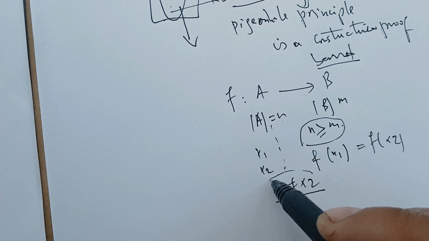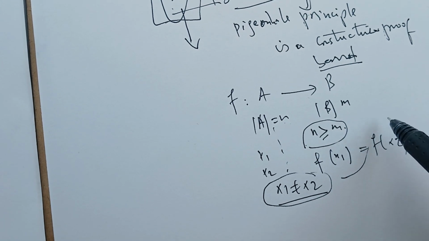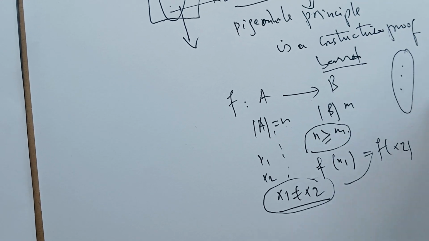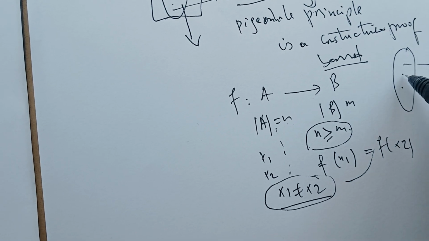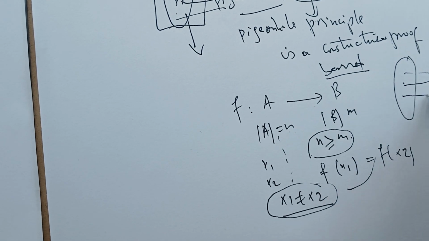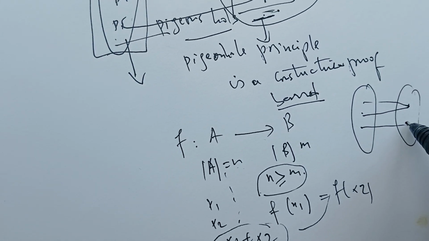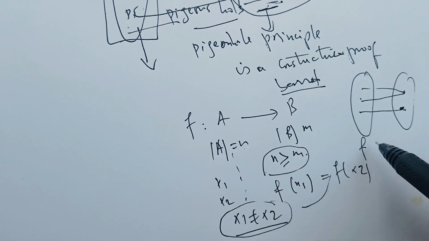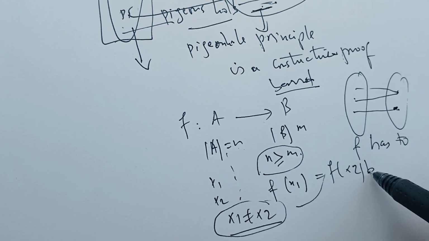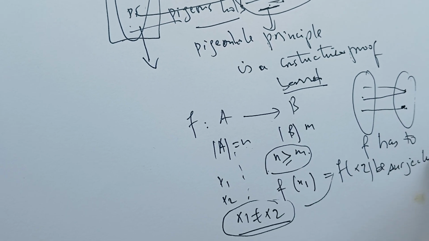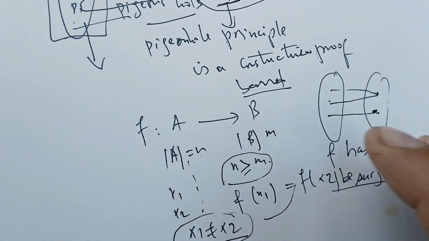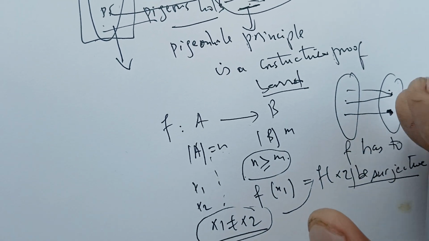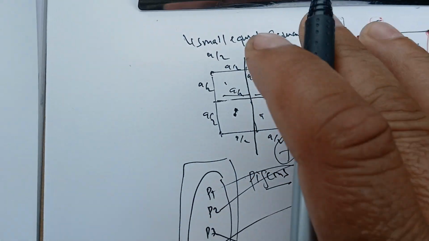We can find two pigeons that would go to the same hole. So it's like this: you have three pigeons, you have two holes. Either this one goes here, and this one has to go to this side. The function f has to be surjective to eliminate all those cases. We're going to come back to this one. Anyways, this solves the problem that we have.